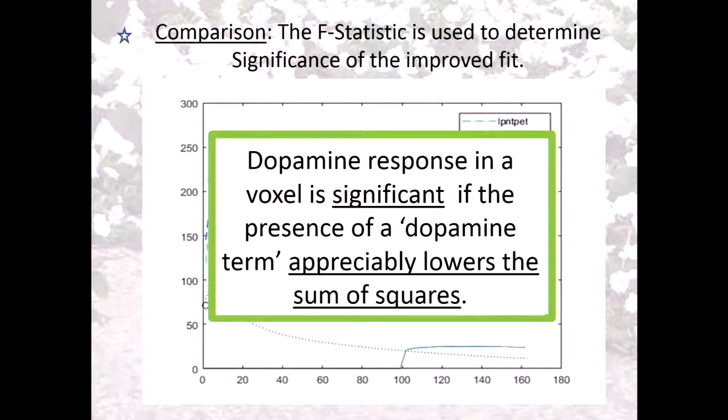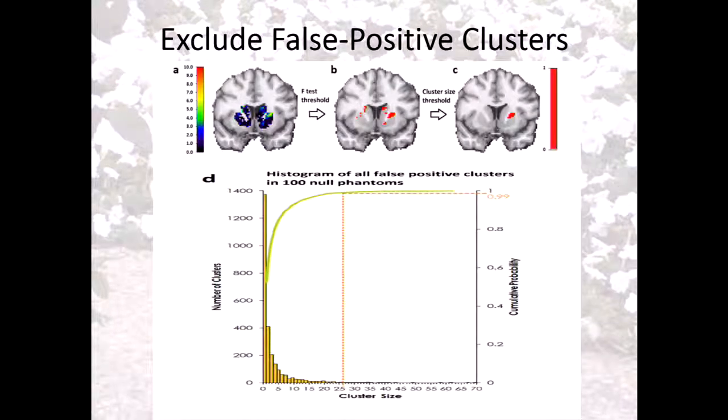So that means we're going to compute that F statistic at every voxel. That's where the multiple comparisons comes in. That's where the danger, the possibility of false positives comes in. All right? And so to control false positives, we can take an approach which says that false positives will not cluster next to each other in neighboring voxels.